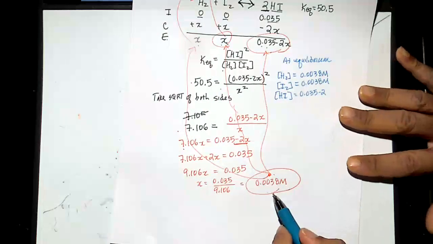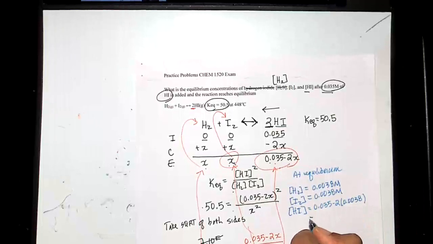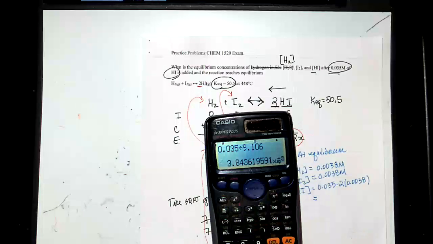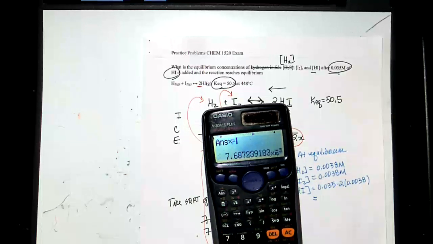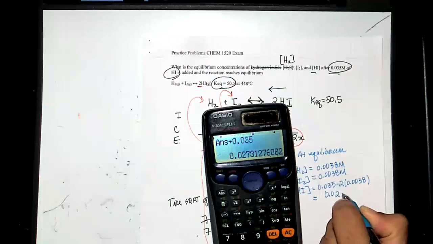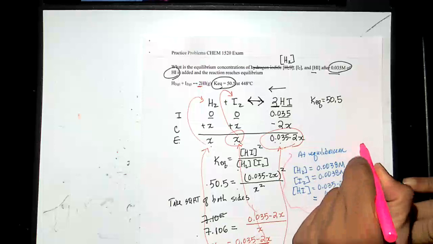We found our x here to be 0.0038, so that gives 0.027. Okay, something like that. So this is our answer. This is what you want to put on your test for a problem similar to this.